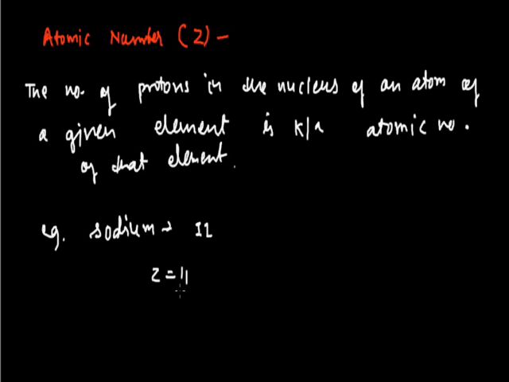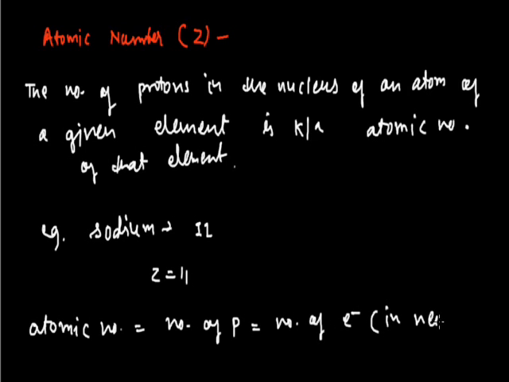So we can also say atomic number is the number of protons present in the atom of an element, simply denoted by capital Z. So here atomic number will be equal to the number of protons, equal to the number of electrons in a neutral atom.